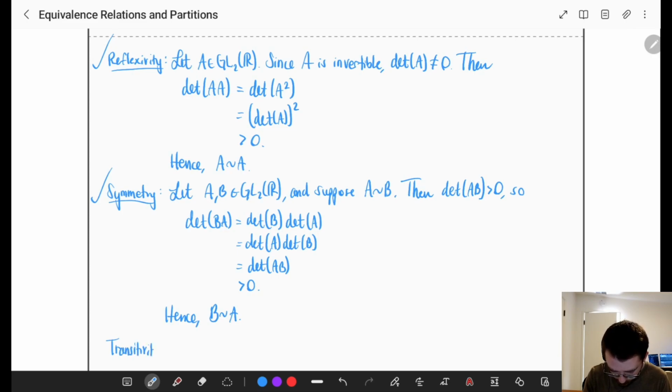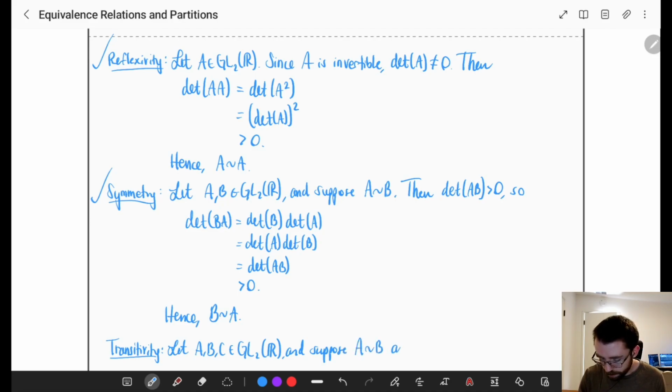This one might require a little more thought. As always, you can start by picking three elements of your set, in this case, three invertible matrices, and supposing the first is related to the second, and the second is related to the third.